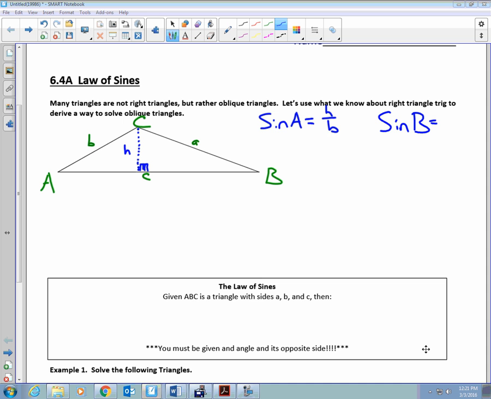H over A. Everybody see how Kayla got that? The nice thing is that both these expressions have an H. If they both have an H, I can solve for H. I multiply both sides by B. B times the sine of A is equal to H. And A times the sine of B is equal to H.